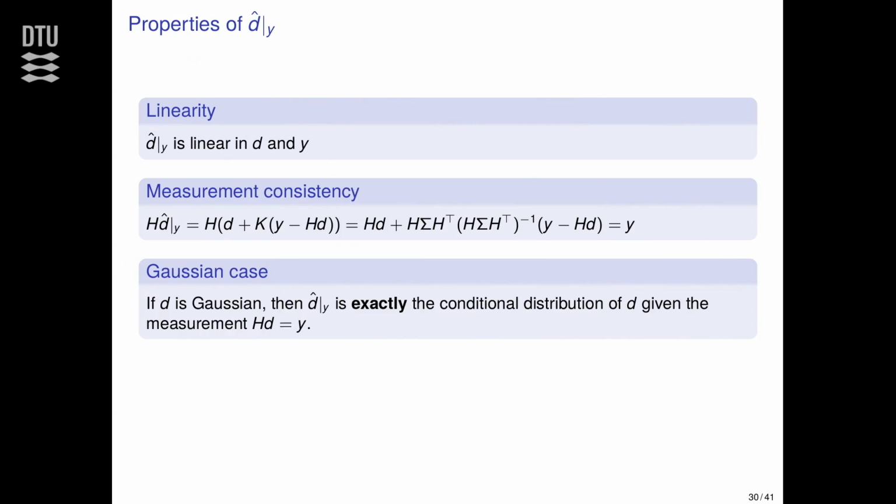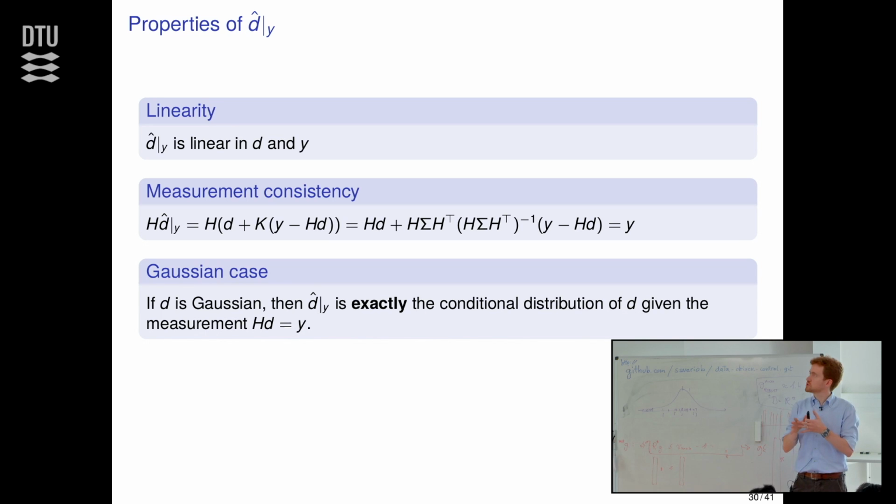So the transformation I proposed is a transformation of the samples: you take these samples, you take your measurement, you project these samples using this simple transformation, and you get samples which are now consistent with the measurement, and they're distributed approximately as the conditional distribution. If the original distribution was Gaussian, then it's actually the exact operation.